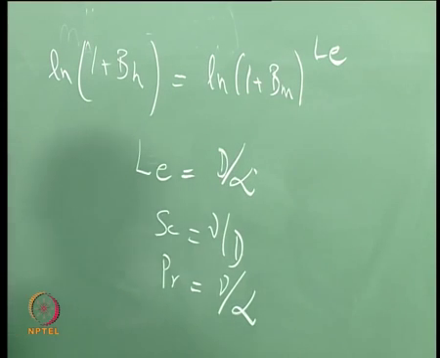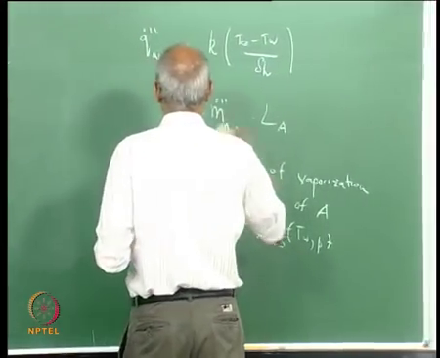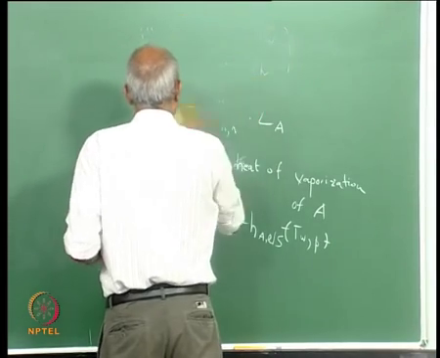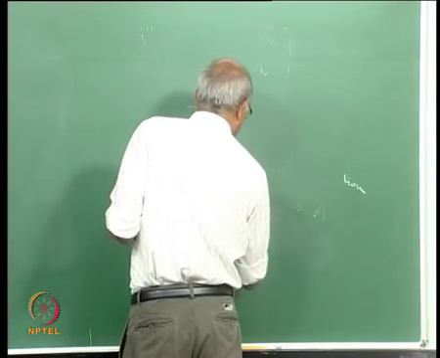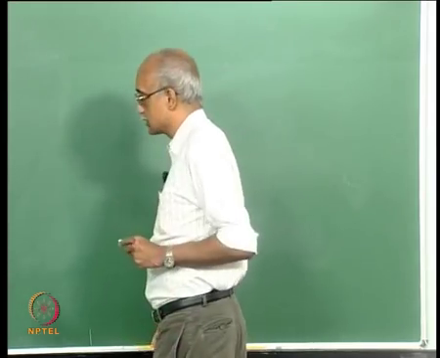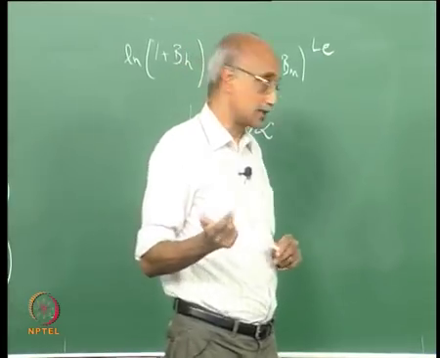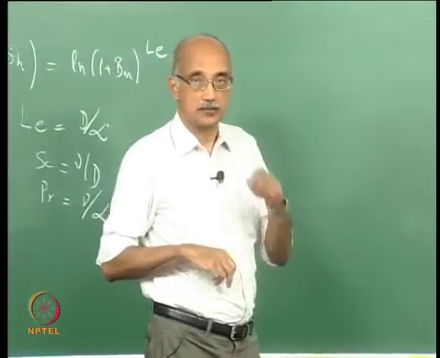So when you take these expressions together, you can finally extract a relationship between the evaporative flux and the heat transfer parameters, which as I have mentioned earlier are easier to measure.